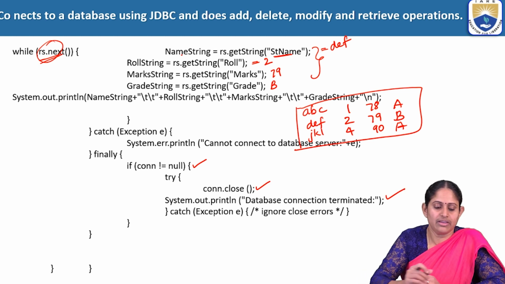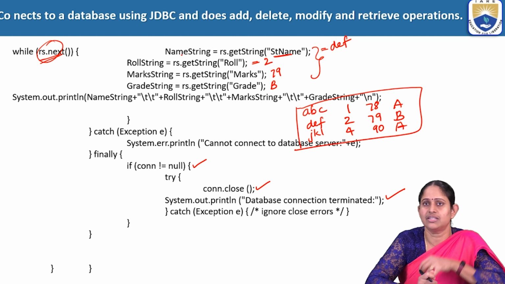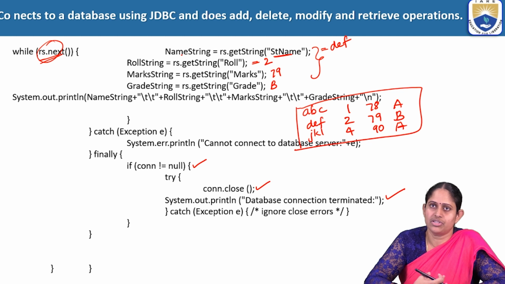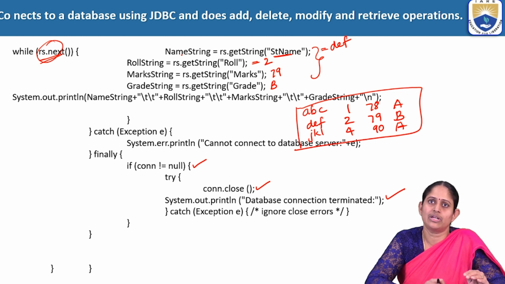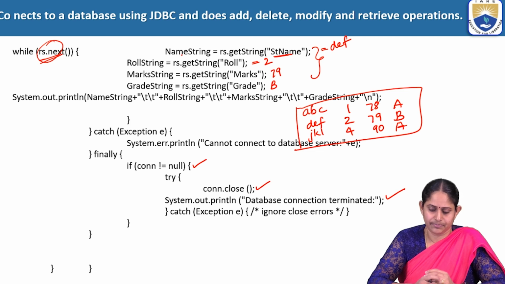So this is how we insert, delete, modify, and retrieve operations using JDBC on a database. Basically, we are executing the SQL queries in a Java program by using JDBC connectivity.